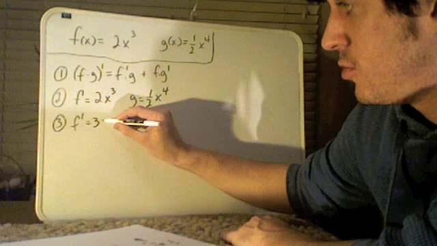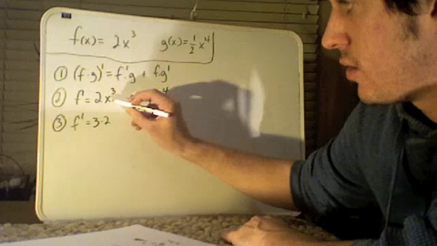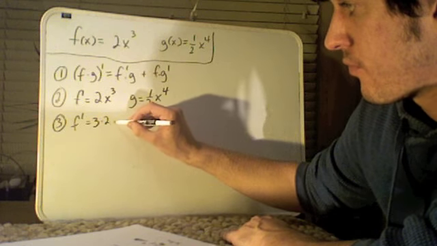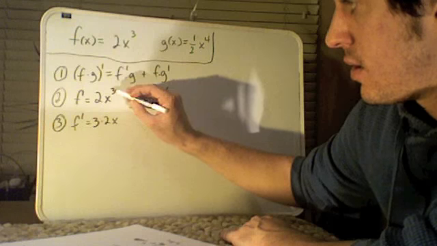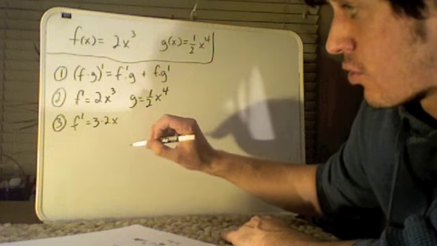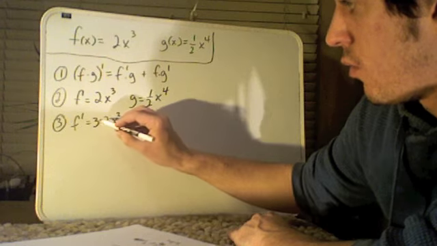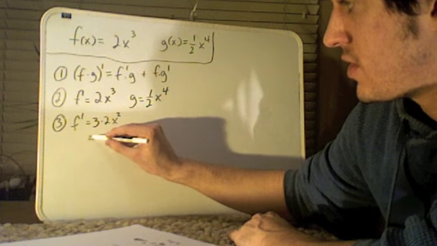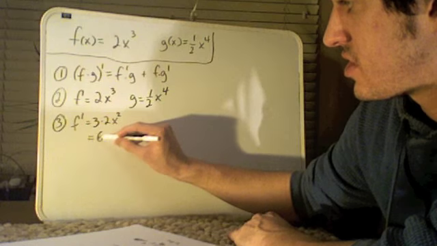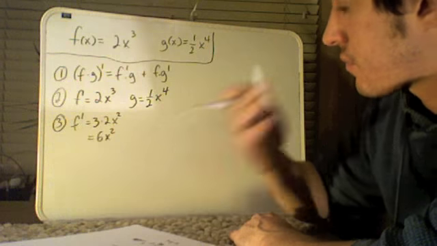We already have that 2 there. It's not going anywhere. It's going to get multiplied. You already know where this is going. So 3 came down. Write our x. Then we subtract 1 from the exponent that was in the original function. So 3 minus 1, 2. What does that simplify to? 3 times 2, 6. So we have 6x squared. That's our derivative, f prime.